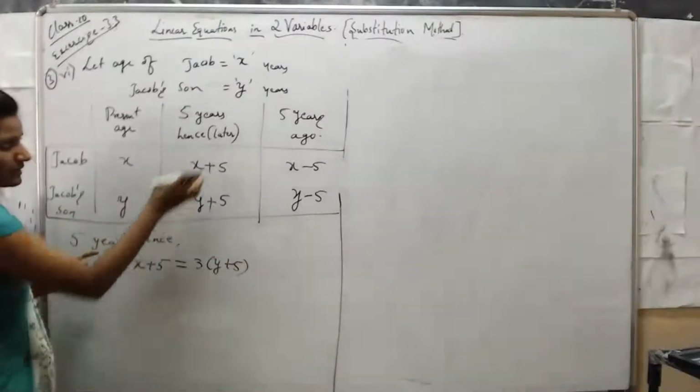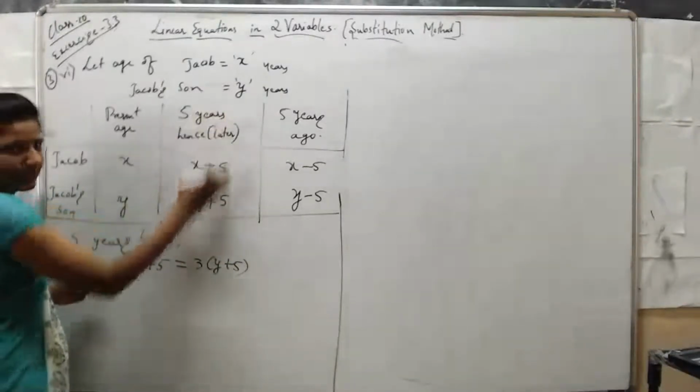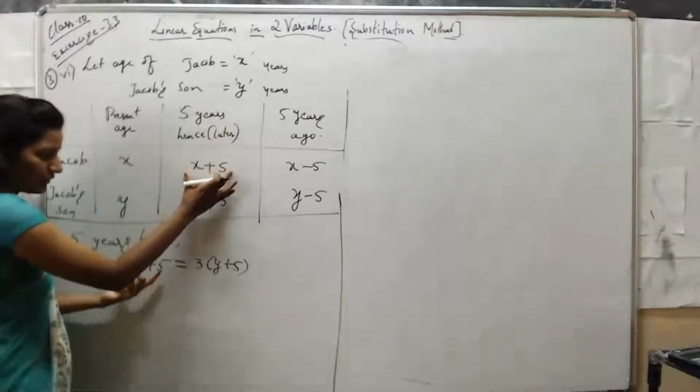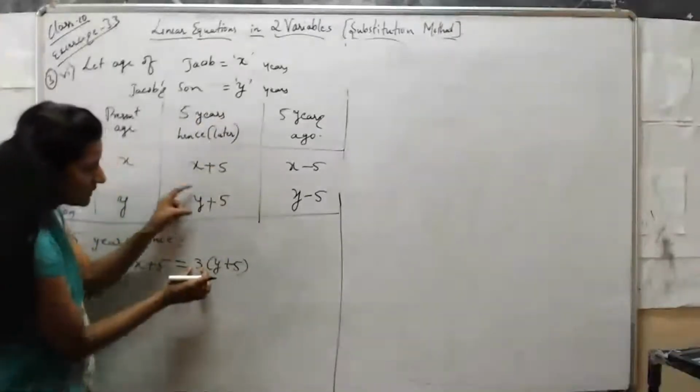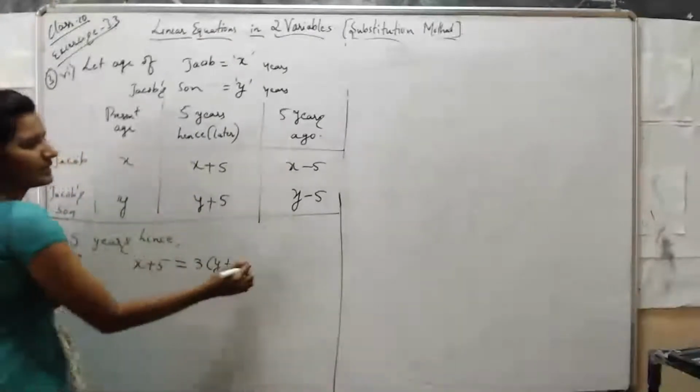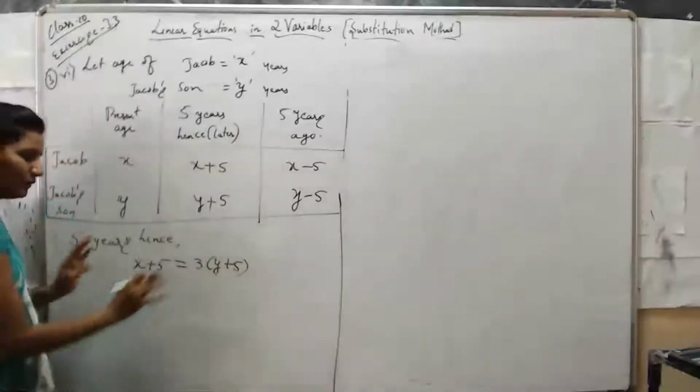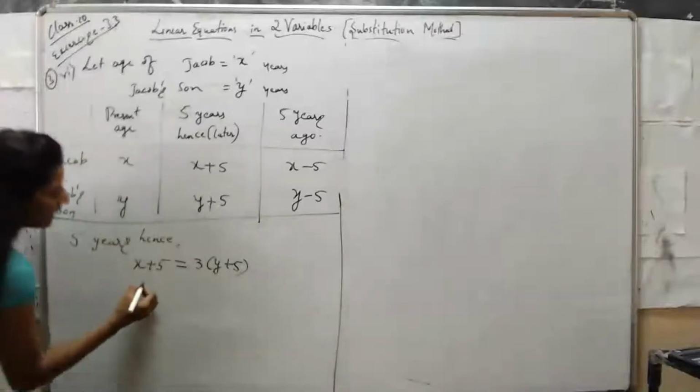Understood? 5 years later, we have to see this table. The age of Jacob will be 3 times that of his son. This is equation 1.